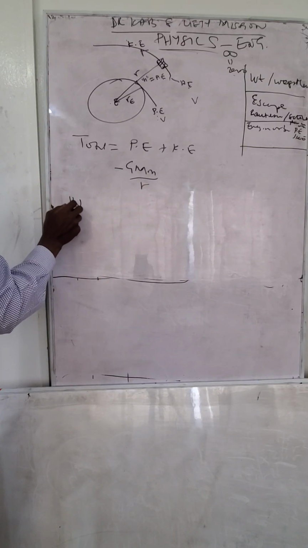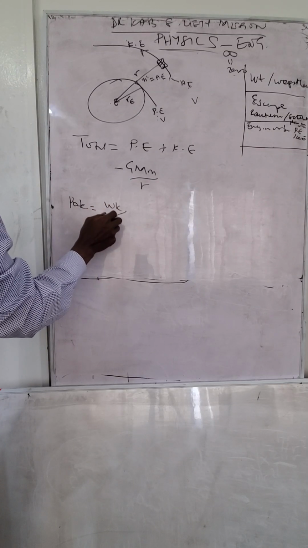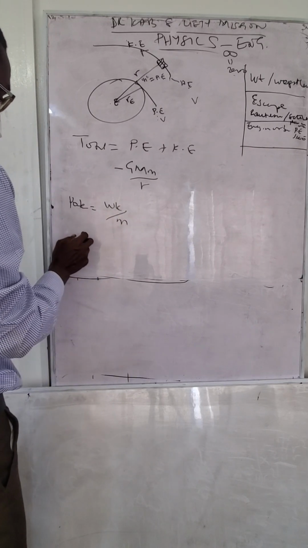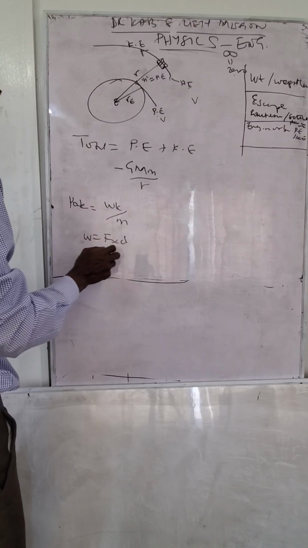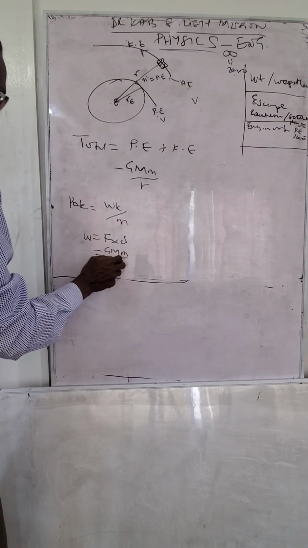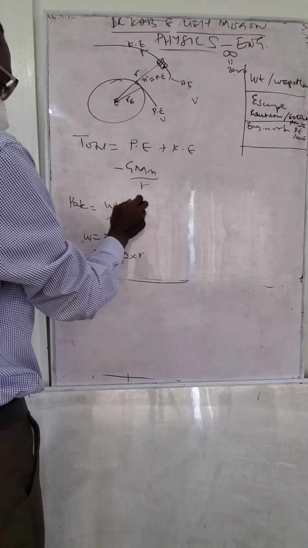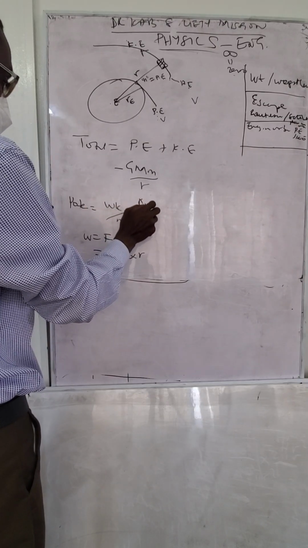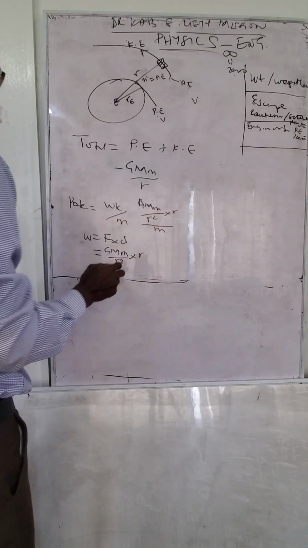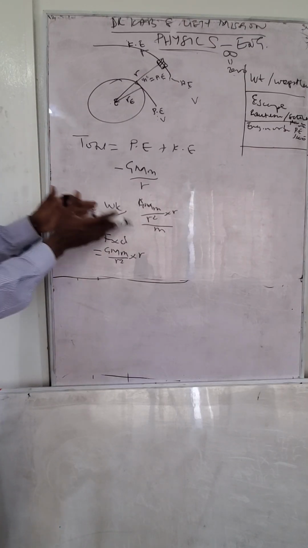Remember we said potential is equal to work done over mass. That's potential. So we know work is equal to force times distance, where force is GMm over R squared, times distance, which is R. So if we put this here, GMm over R squared times R, all divided by m, that will be the potential.